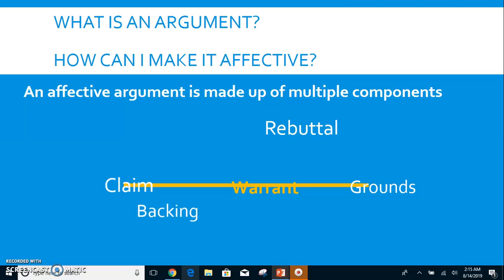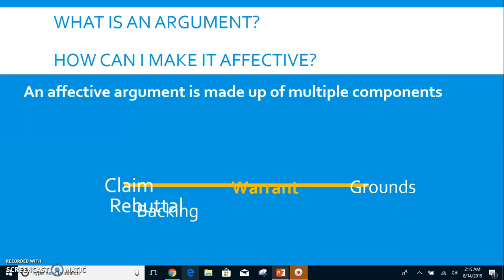Then the backing here is just right underneath the claim. It's extra data, extra information to help out your argument, and it is very, very necessary and crucial in debate that you have backing. And then the rebuttal is fitting up in here and trying to disclaim or discredit what you're trying to say.